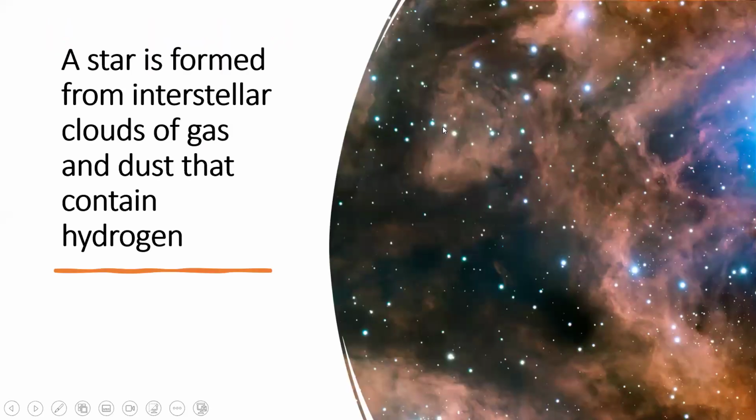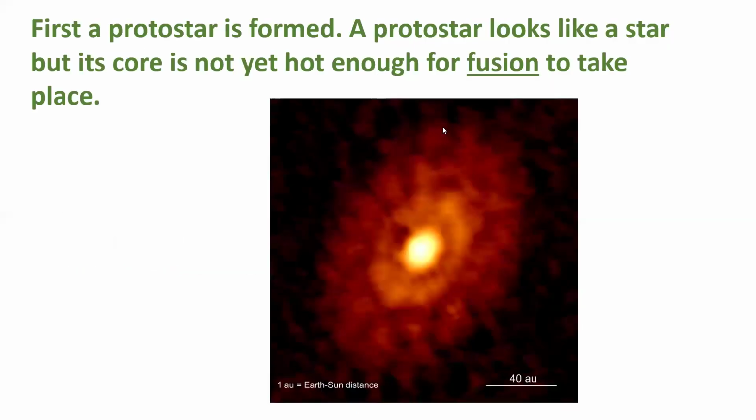Now, how does a star begin its life? The first point: a star is formed from interstellar clouds of gas. In simple terms, there are some regions in space where big rocks are there, and these rocks come together due to the gravitational force.